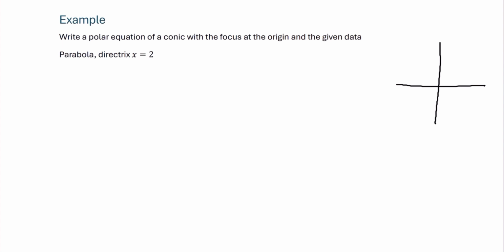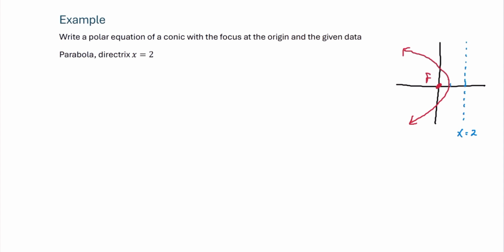We have the directrix at x equals 2. So that's this vertical line. We have the focus at the origin. So here's our focus. And we know it's going to be a parabola. So just a very quick sketch. The parabola will look something like this.